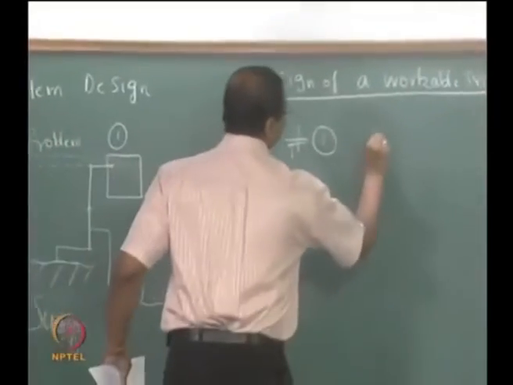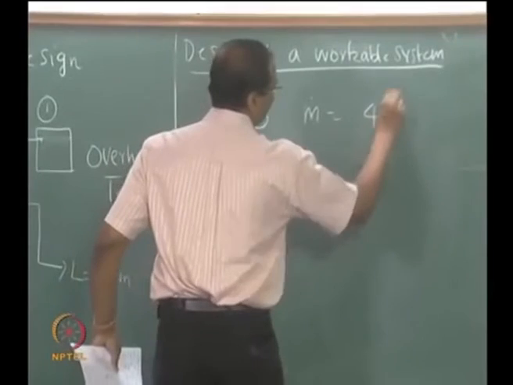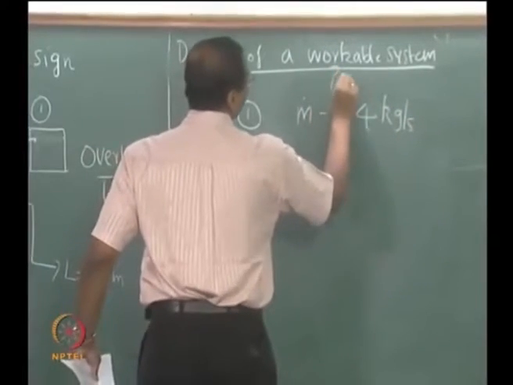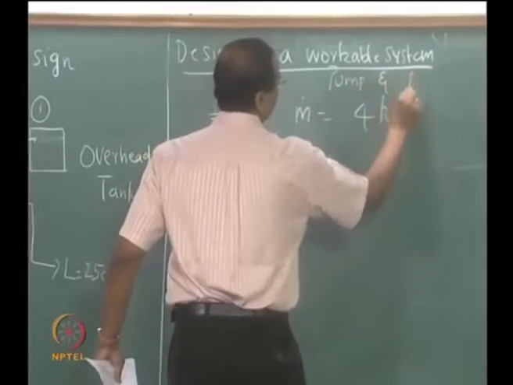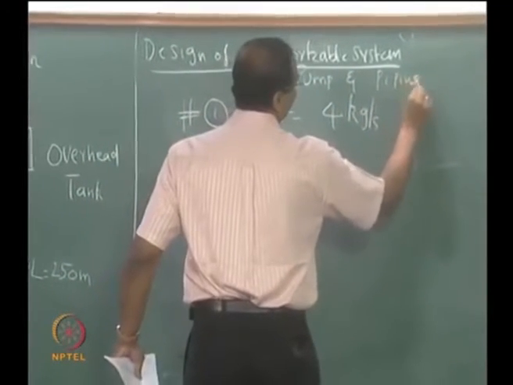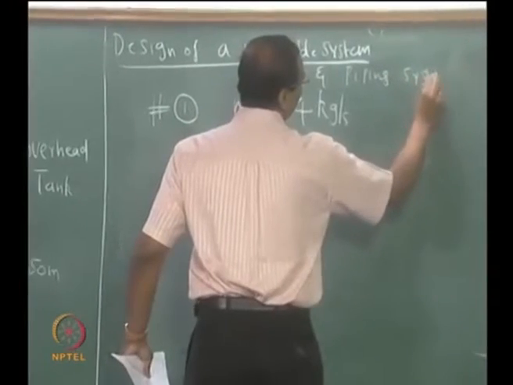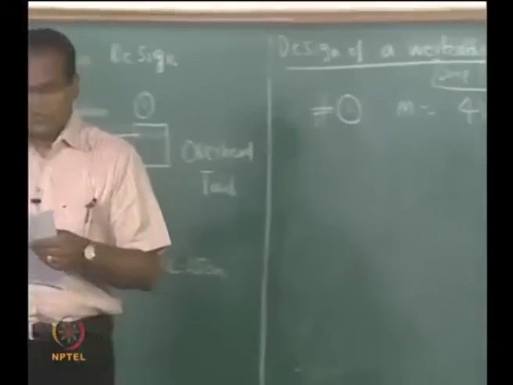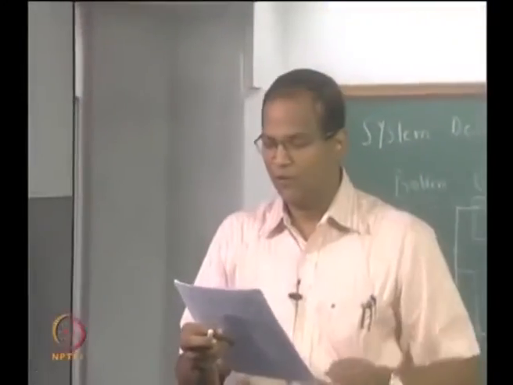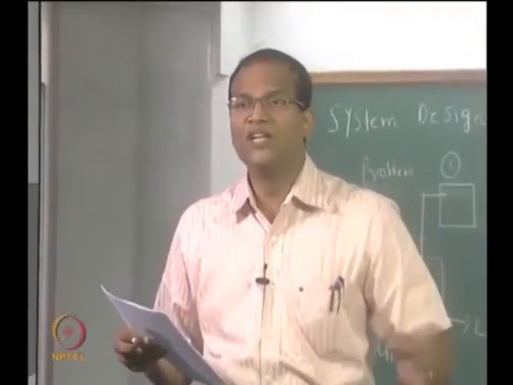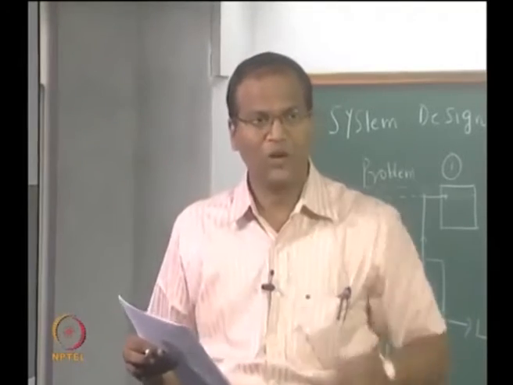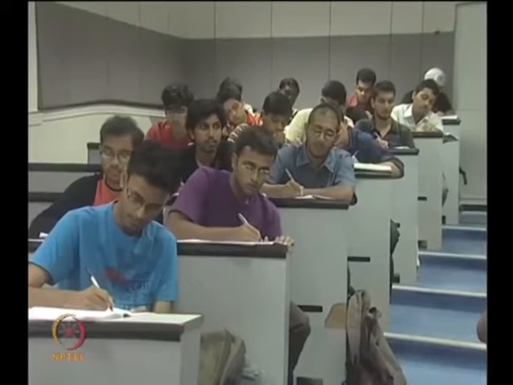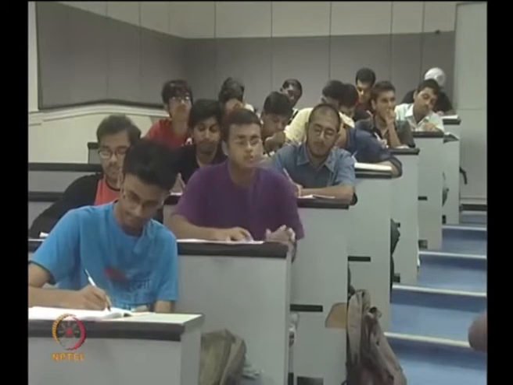The first data is: select the pump and piping for a system to convey 4 kg per second of water from one location to another, 250 meters away.